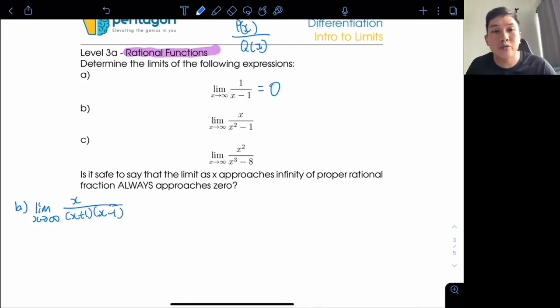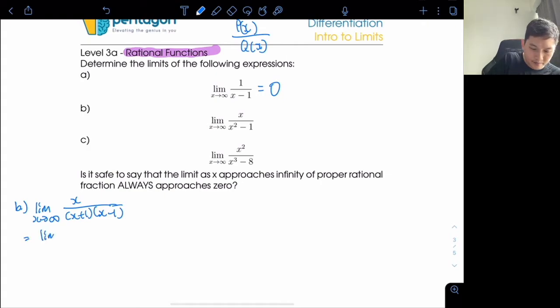Okay, and when you have a product of expressions in your denominator, you can use partial fractions to split them up. Okay, so if you did partial fractions, which I've done ahead of time, you're going to get this 1 over 2 into x plus 1 plus 1 over 2 into x minus 1.